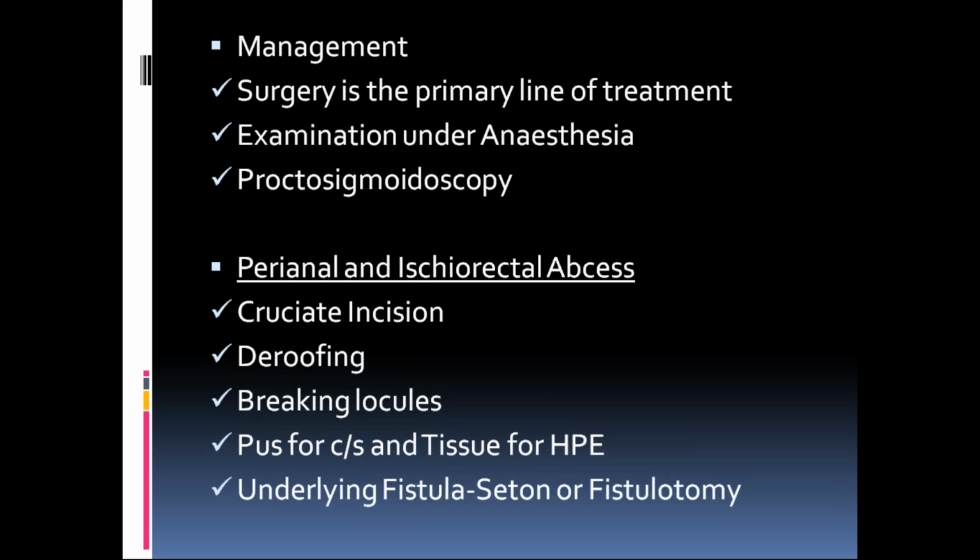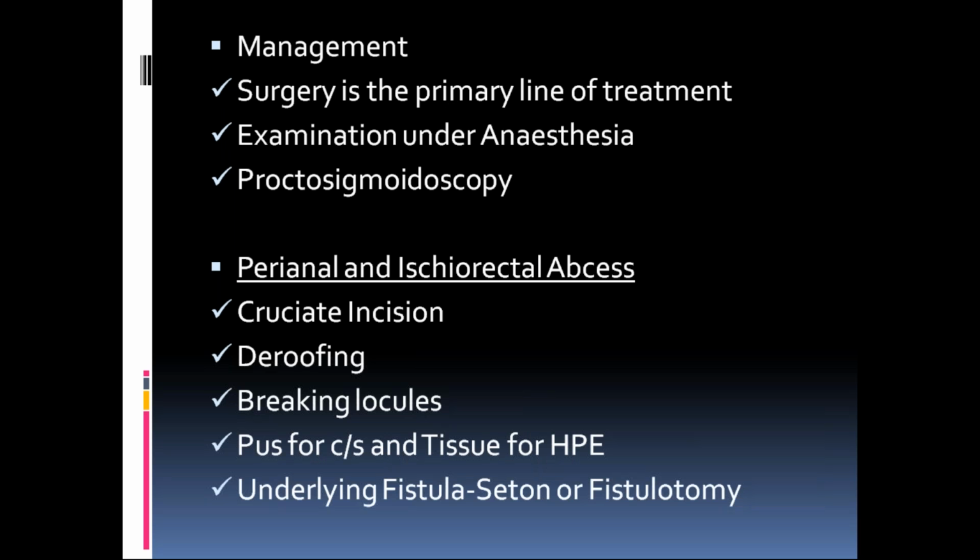Then a diamond shaped wound will appear. In that wound you put a sinus forceps, open the blades of the sinus forceps and remove it. Then pus will gush out of the wound. You send that pus for culture and sensitivity, and the tissue from the wall of the abscess cavity also for histopathological examination. Okay.